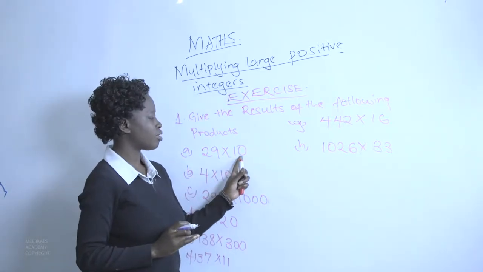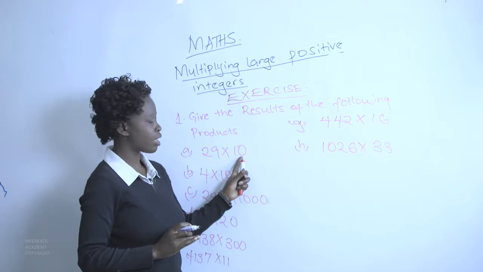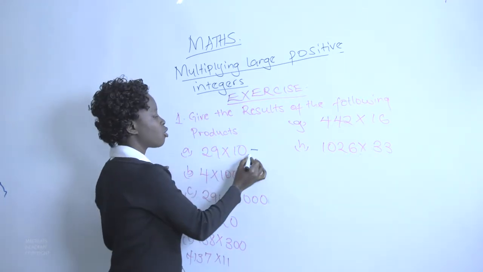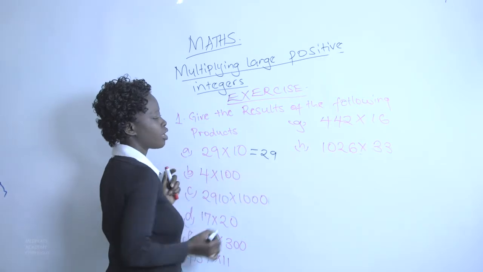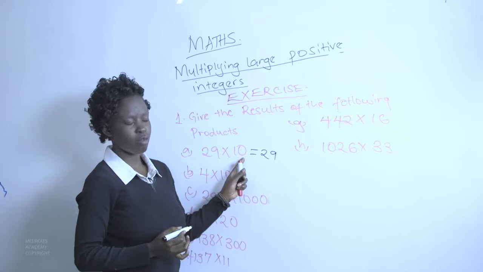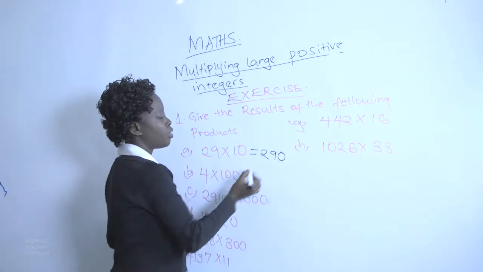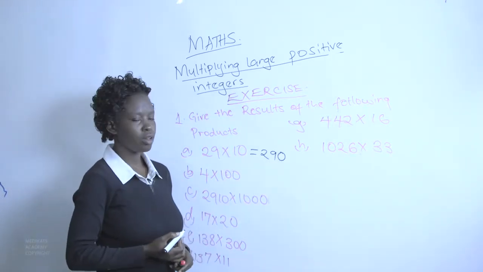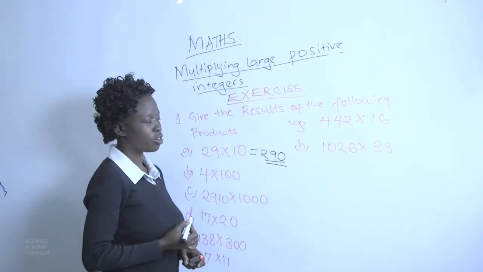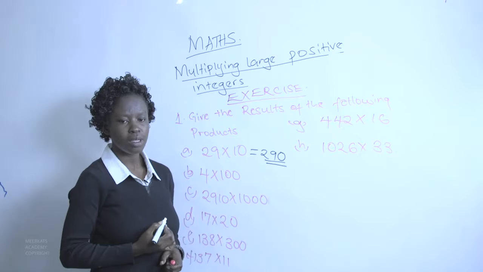If it is only 1 zero, like in this case, we simply add the 0 on our digit. So we have 29, but it is being multiplied by 10, so I'll add the 0 on 29 to get 290.